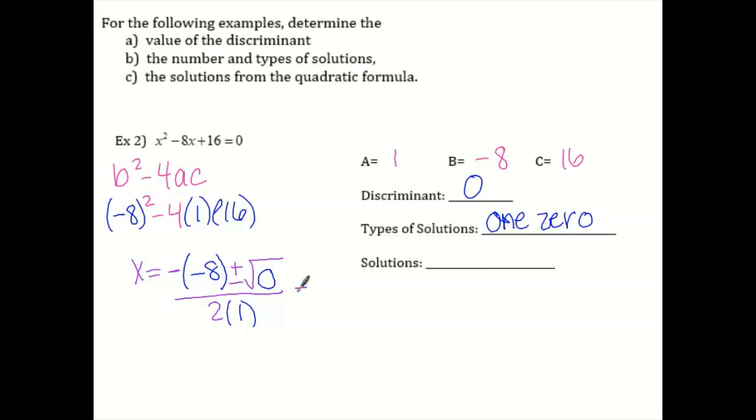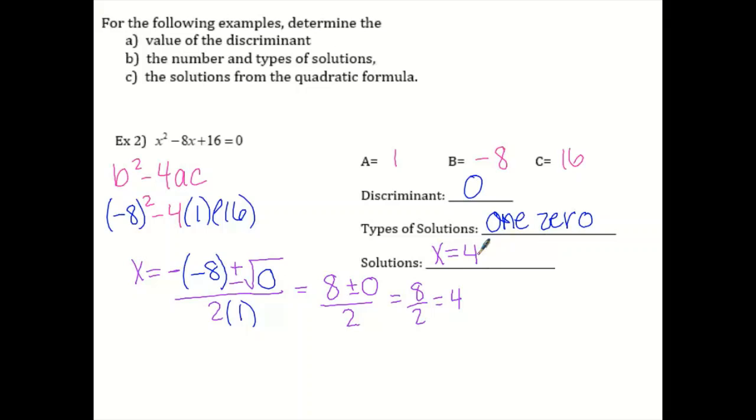And this is going to be equal to, so -8 is a +8, plus or minus the square root of 0 is just 0, all over 2. Well, if I add 0 to 8 or subtract 0 to 8, it's still 8. So 8 divided by 2 is just 4. So x is equal to 4. I got my 1, 0, that is 4.